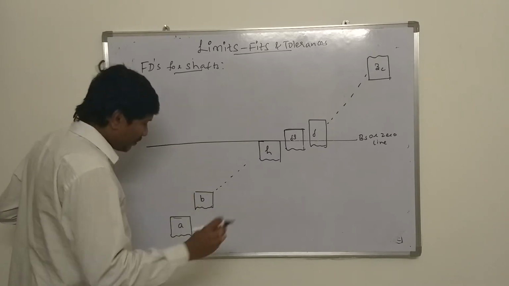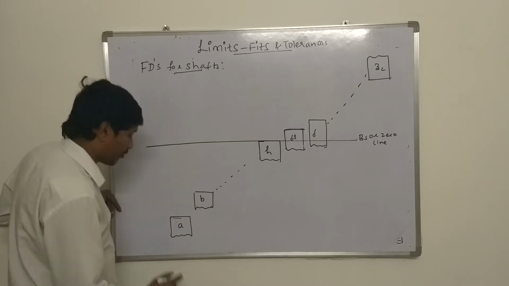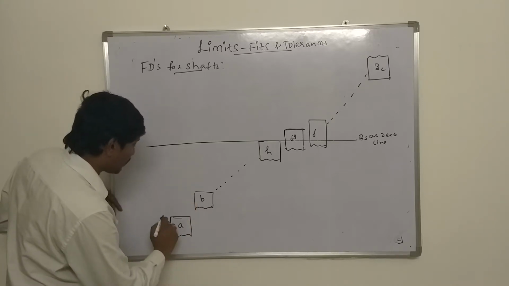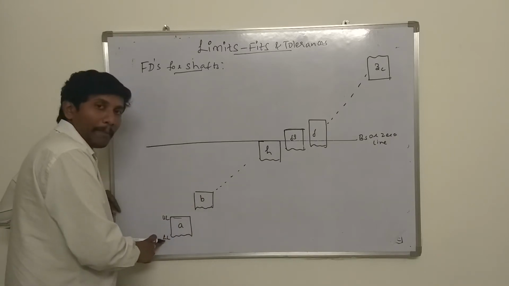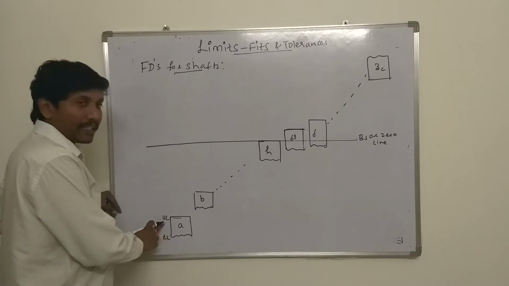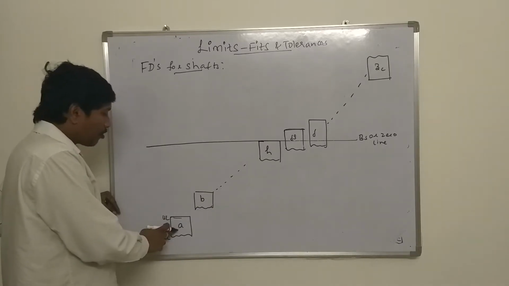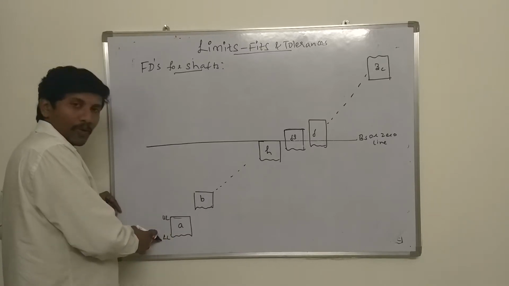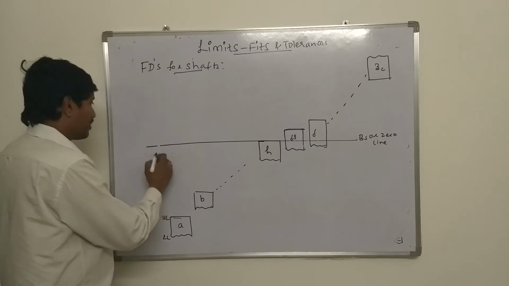This limit which I have represented as a curve is the lower limit, and this is the upper limit. The curve form indicates that the lower limit can be varied by varying the tolerance grade, but the upper limit is fixed. If you take the small a shaft, out of the two limits, the upper limit is nearer to the basic size or zero line.